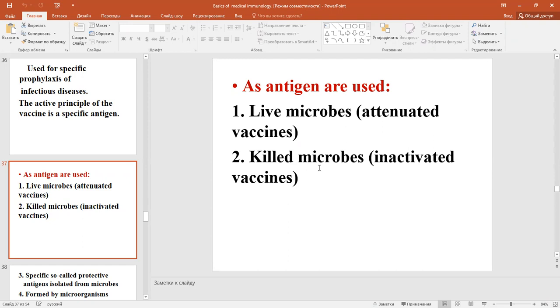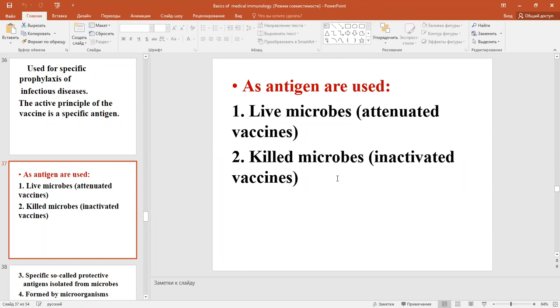And killed microbes are used, and vaccines that consist of killed microbes are named inactivated vaccines. These microbes are not alive, but they are not destroyed completely. They are killed very gently, by using ultrasound, for example, because we are not going to destroy the antigenic structure of killed microbes.